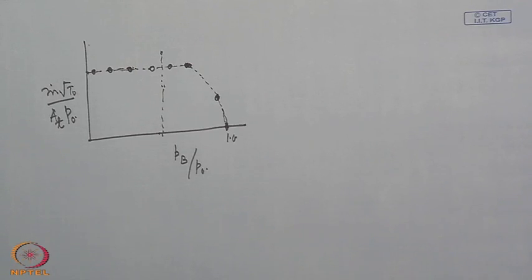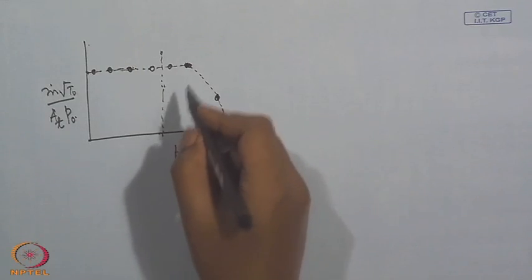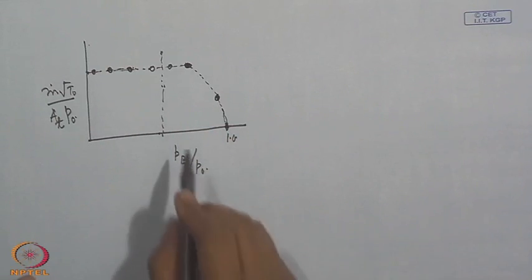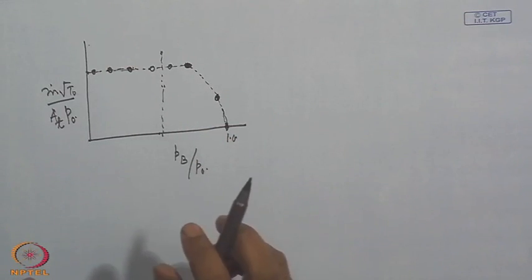So, the choked flow condition is achieved before back pressure falls to P star.